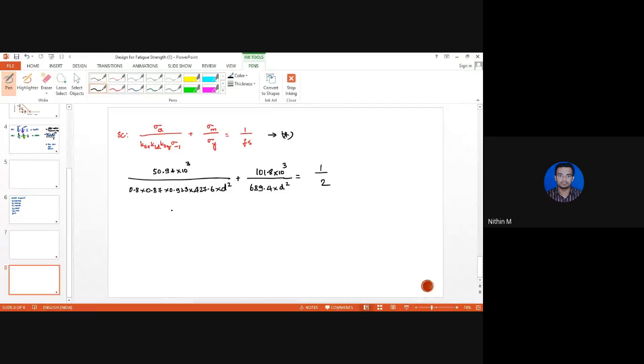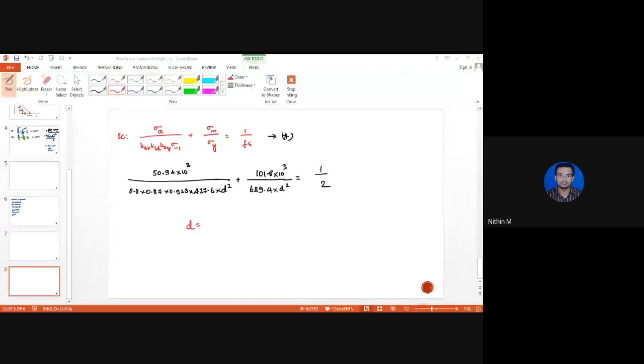So take a trial value, say 20 or 30. You can calculate the value of d. Can you solve and tell me the diameter? If you have any doubts, just ask me.